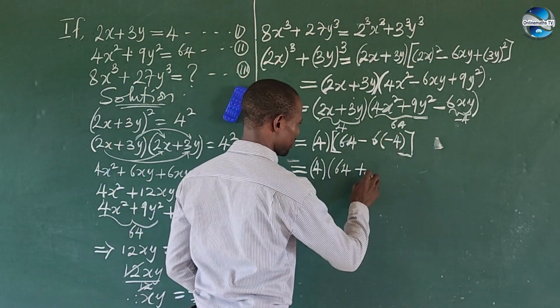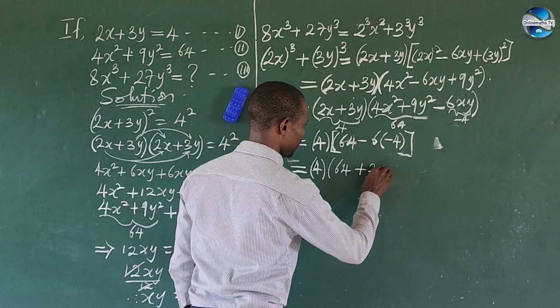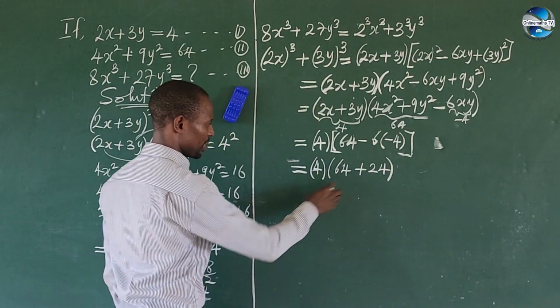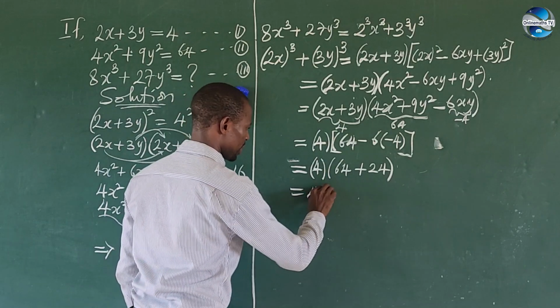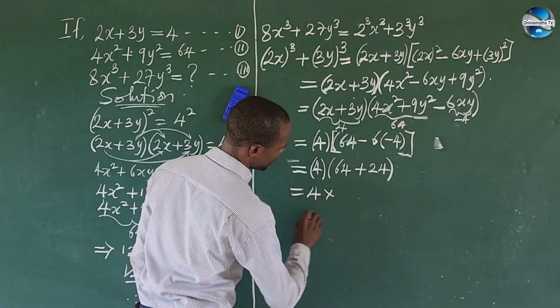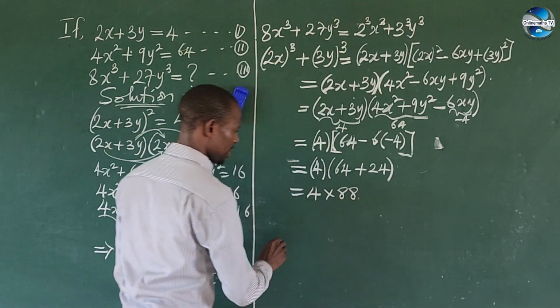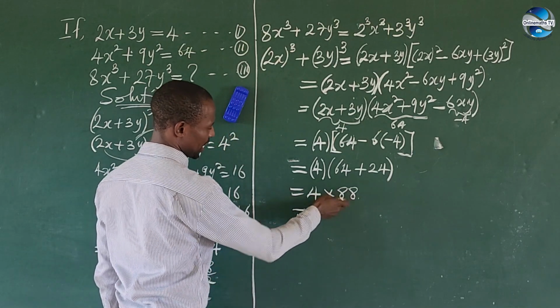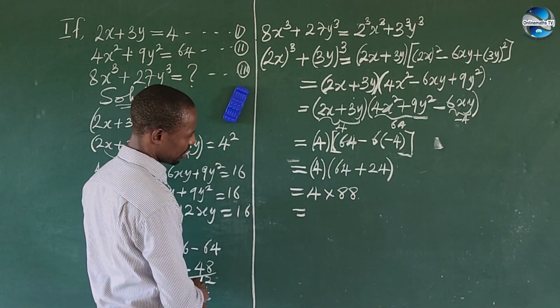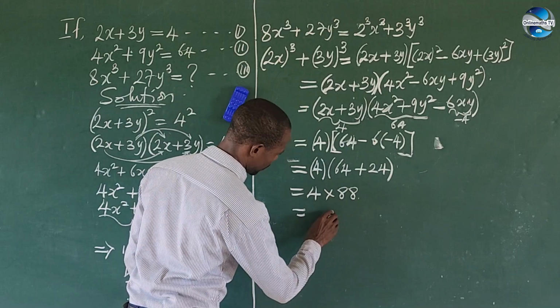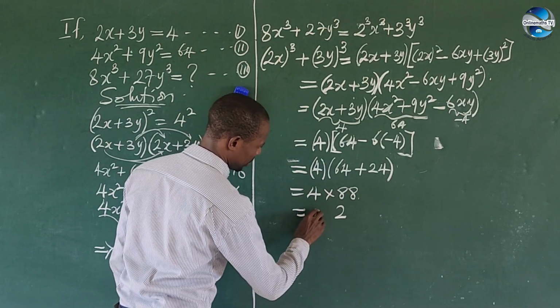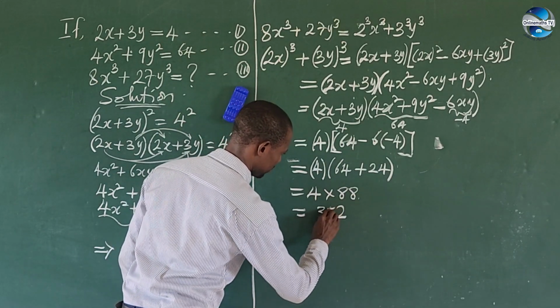So 6 times 4 will give us 24. This will give us 4 times 88. So if we multiply 4 times 88, that will give us 352.